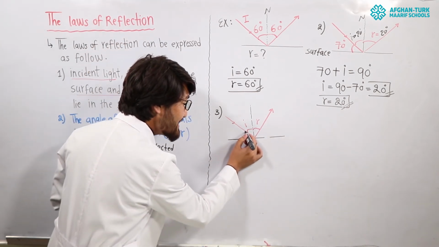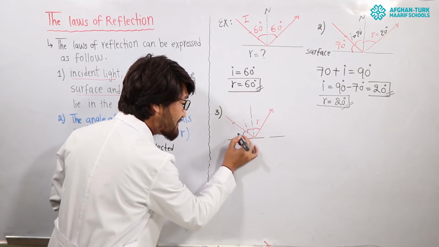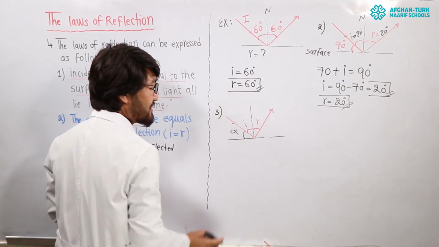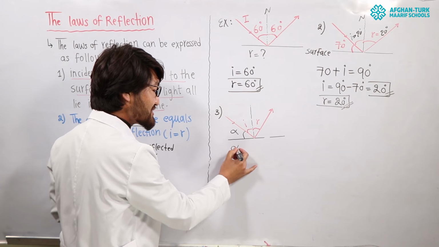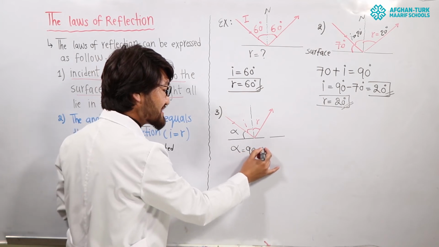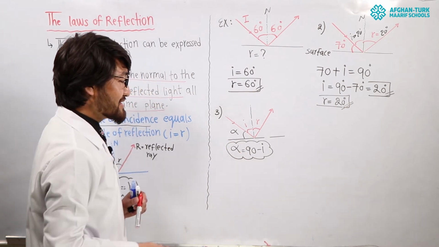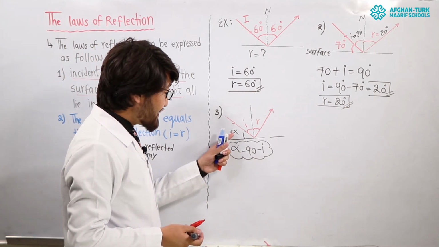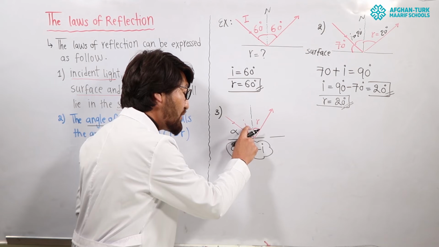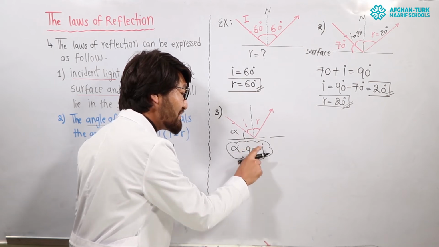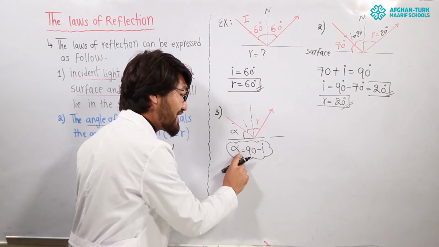If I call this angle alpha, you know that alpha is equal to what? 90 minus I. How to find alpha? I plus alpha makes 90.